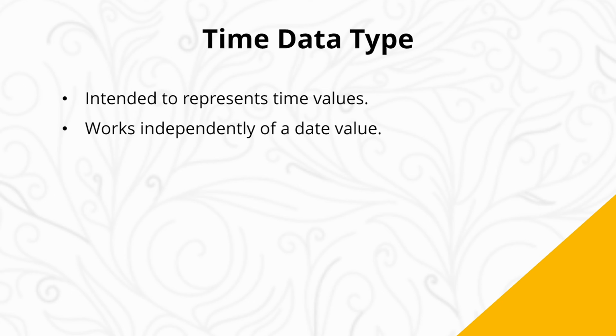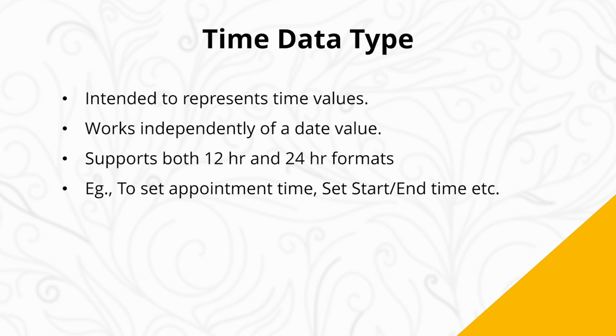We have the time field separately from the date field. It supports both 12-hour and 24-hour formats. The best examples will be appointment time setting, setting of start time and end time, etc.